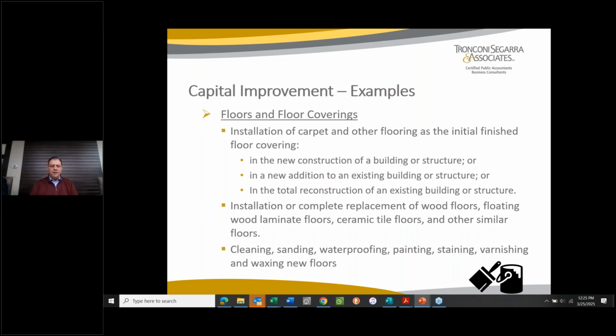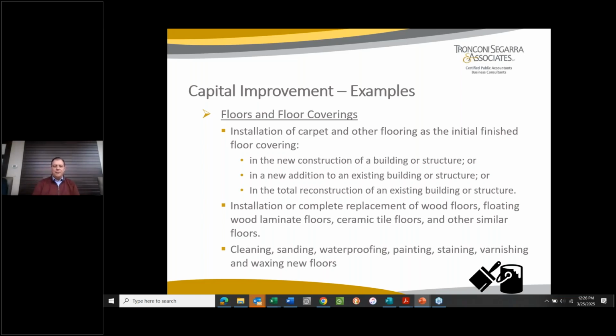But then there's a difference if you're talking about flooring, a floor like a wood floor, wood laminate, ceramic tile. The initial installation of that would be a capital improvement. And then if you actually went back and said, oh, I don't like this wood floor, I'm going to put ceramic tile down, and you ripped out that whole wood floor and put the ceramic in, that would also be a capital improvement.